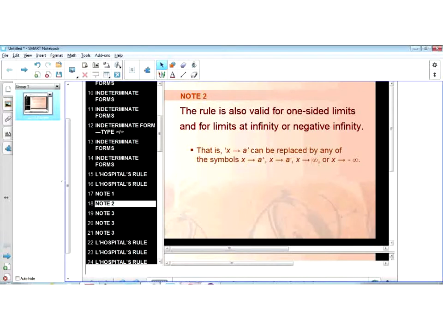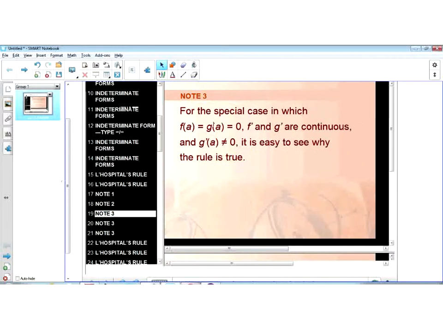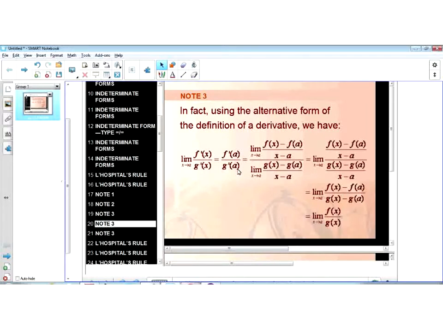It applies to right limits, left limits, and infinite limits. Okay. All right. So it's extensible to those types of limits. Okay, so let's see here. What else?